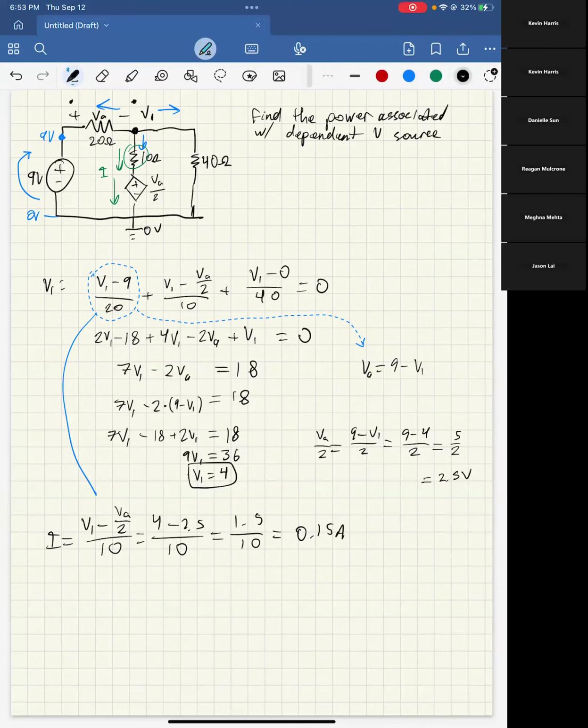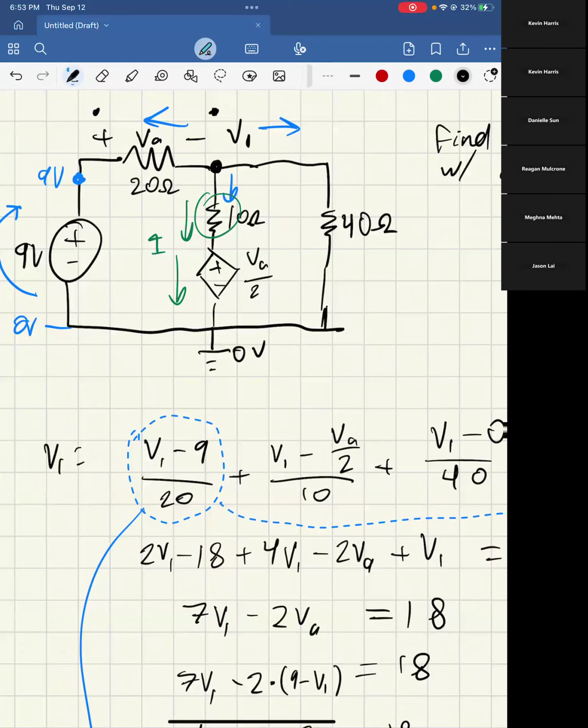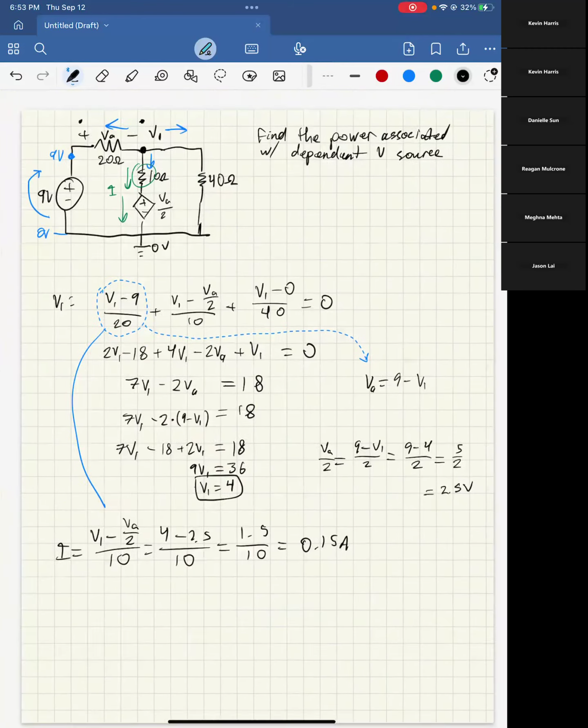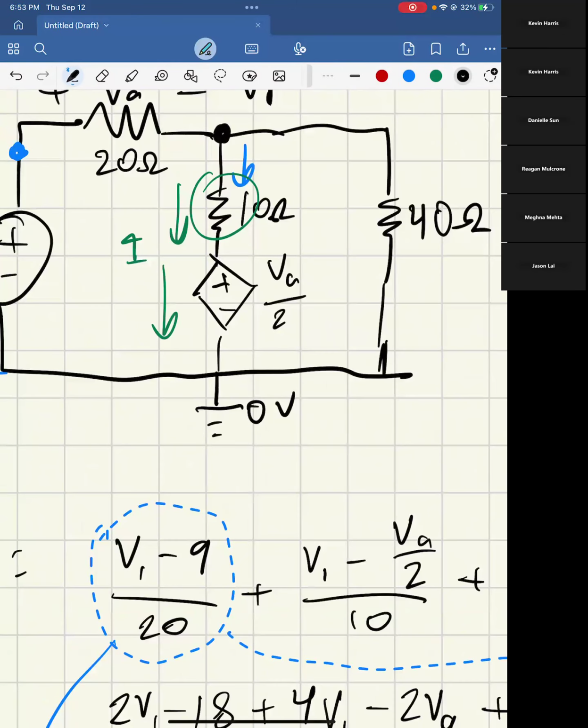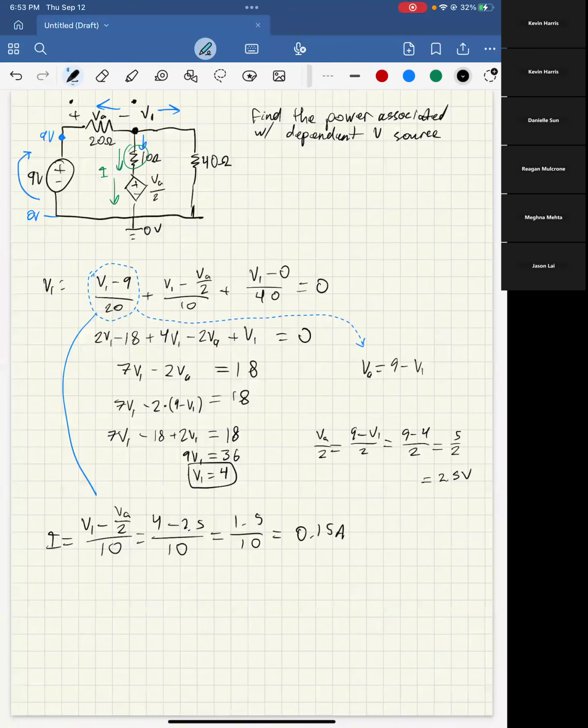Remember, we assumed that I was going down, and we got a positive number, which tells us we guessed right. The polarity of this voltage source has the plus on top and the minus on the bottom, so there's a voltage drop in the same direction as the current, which means our voltage here is positive.